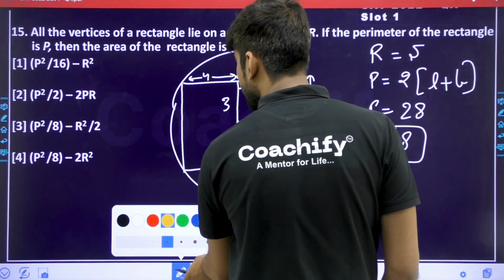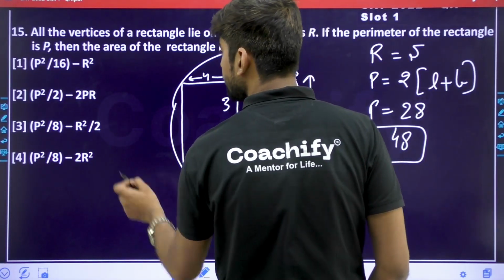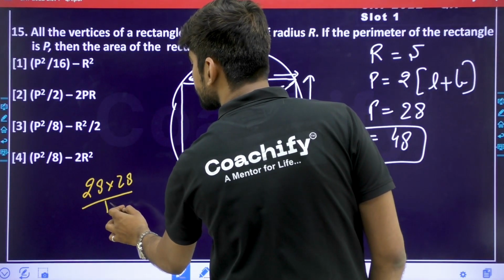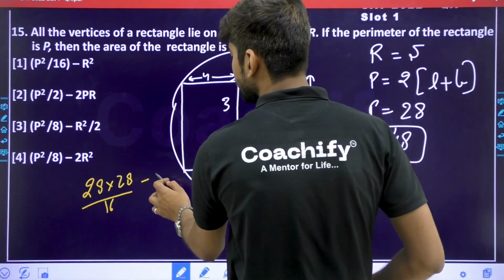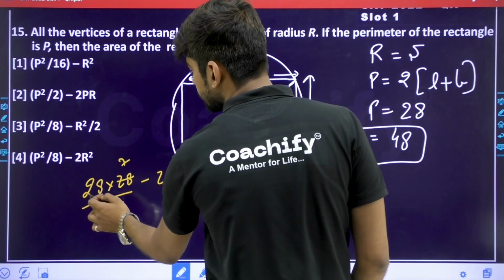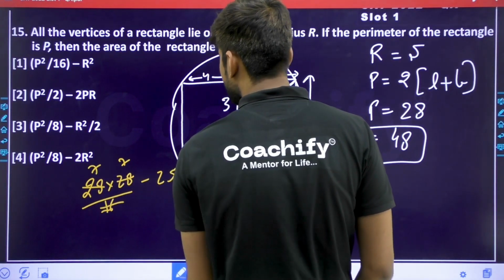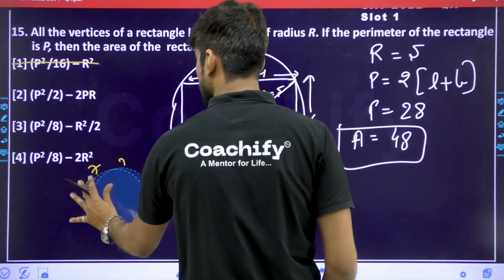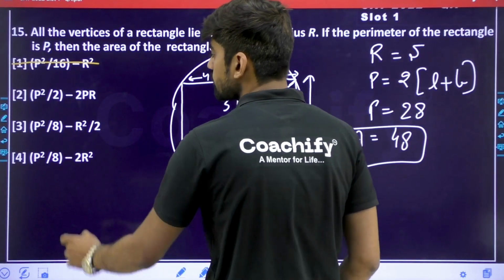My first expression, 28 into 28 upon 16 minus r square. What is r square? That is 25. So this is 4 into 7, this is again 7, 7 into 7, 49 minus 25, never going to give me 48. So that rules out this option. This is wrong. Let's proceed to the next option.